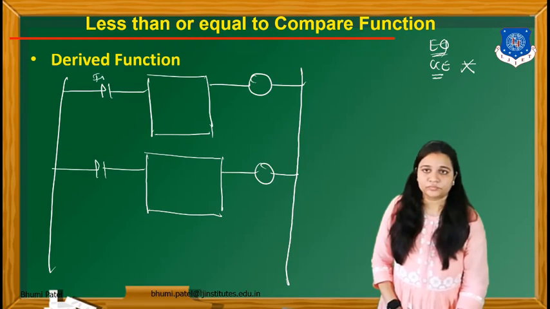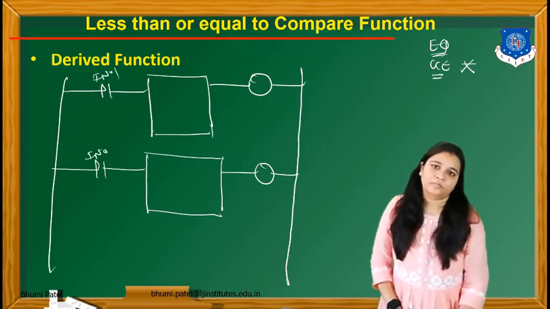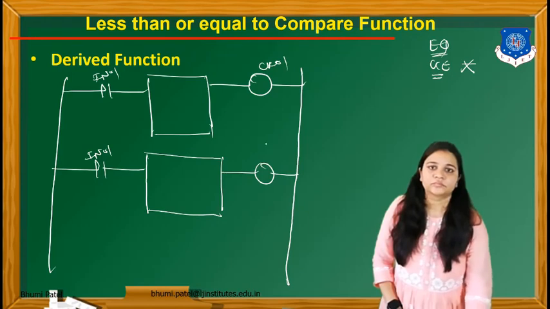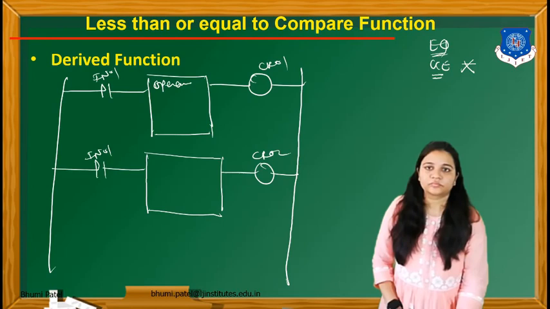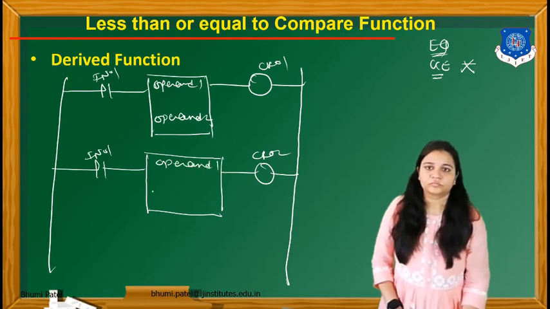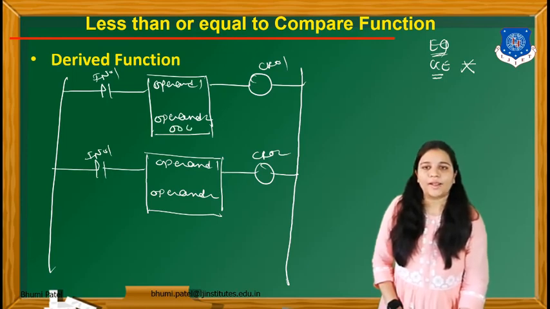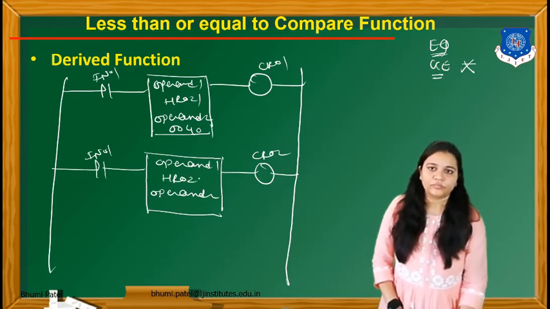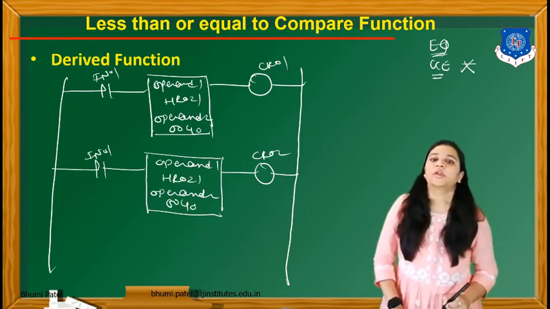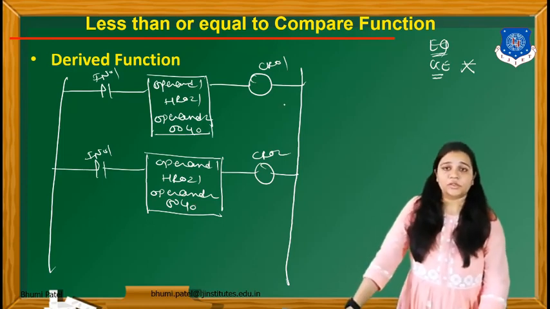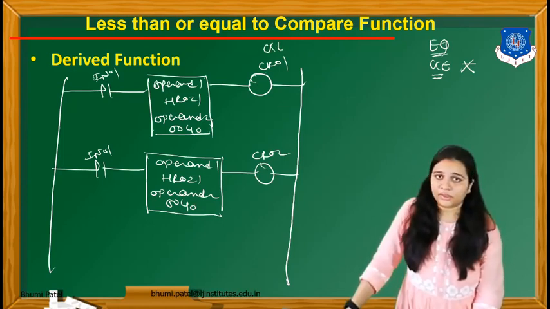This is my operand 1, operand 2. Here we take, suppose, value 40 and HR021. Now, in the first rung, we have to use the command greater than equal to.